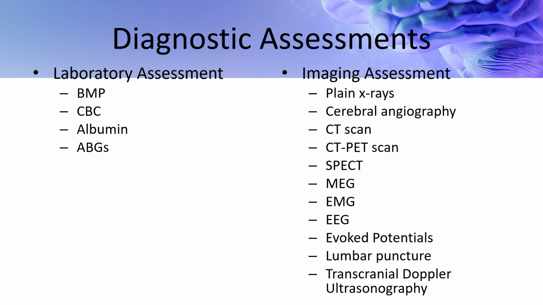Then we're going to be looking at your imaging, and we're going to break a lot of these down further in the coming slides. But for example, x-rays, they may be coming in with a head trauma and need to rule out a cervical spine fracture, so they'll be getting x-rays for that.